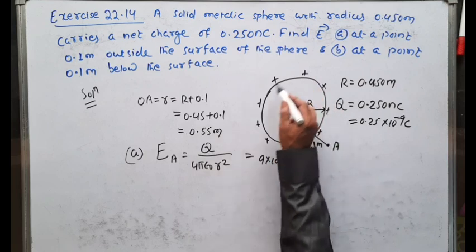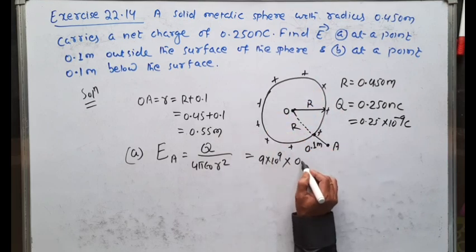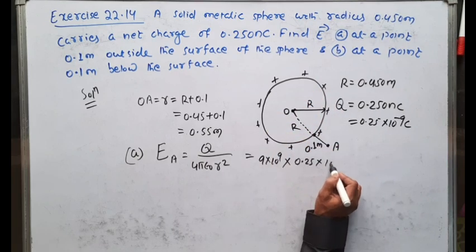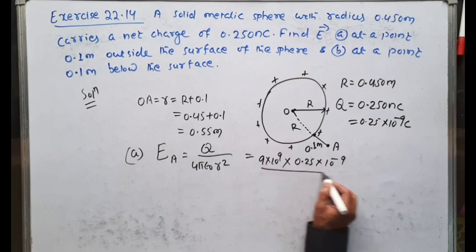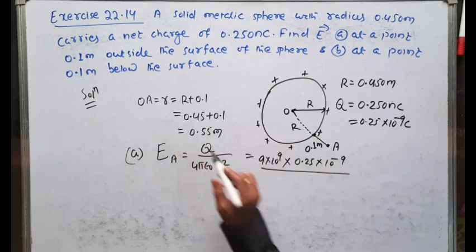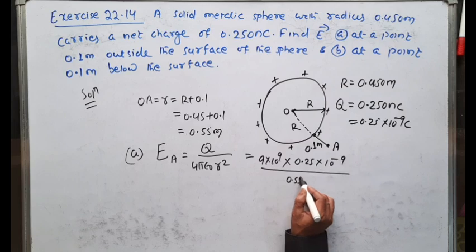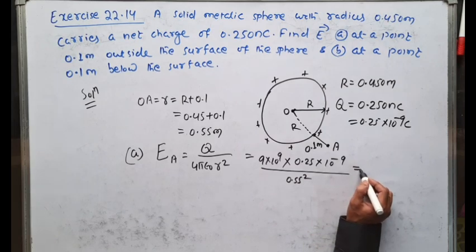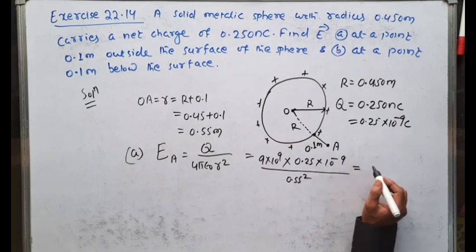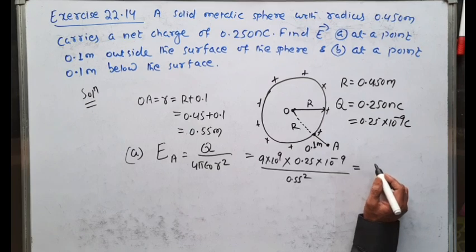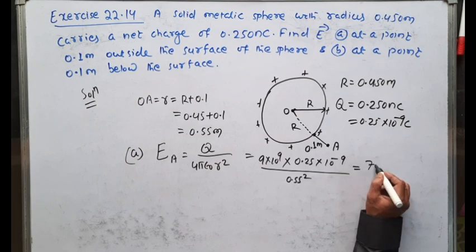And this is a positive charge, with magnitude 0.25 into 10 to the power minus 9 coulomb, divided by r square. So r is 0.55 square. If we calculate, I think it will come to 7.438.